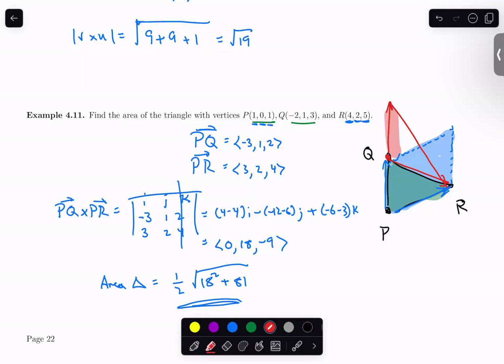And it's not obvious to me that this triangle would have the same area as the other triangle. Maybe it does, but we'd have to think about bases and heights and maybe be quite clever, but it's definitely a different triangle. So you could get a slightly different answer.